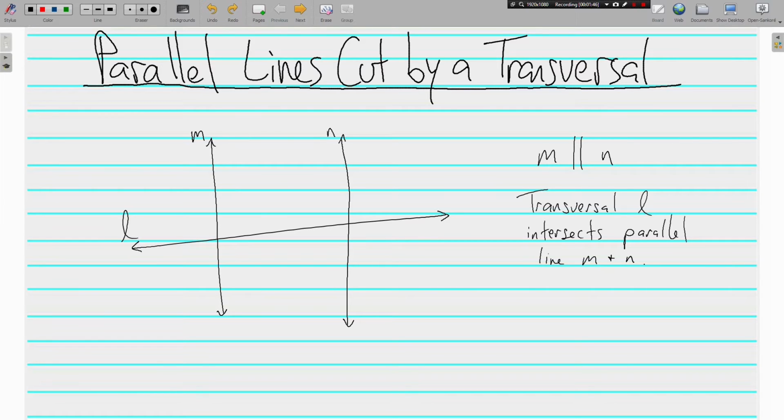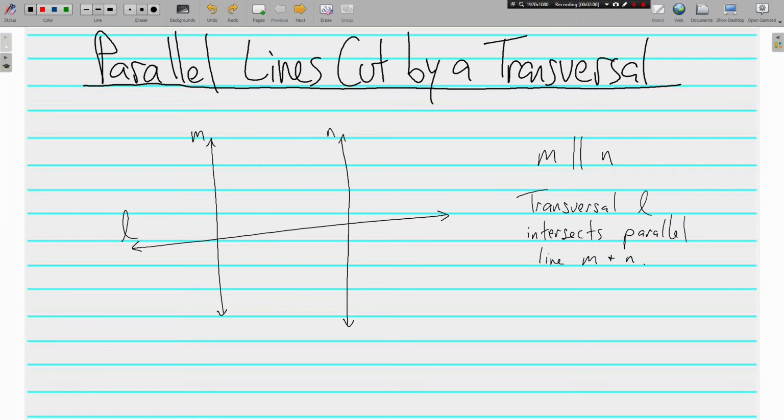Okay, a transversal is a line that intersects parallel lines. And in this figure, we've got parallel lines M and N and transversal L.